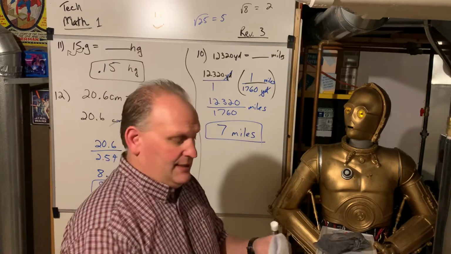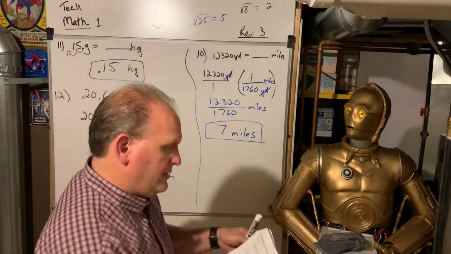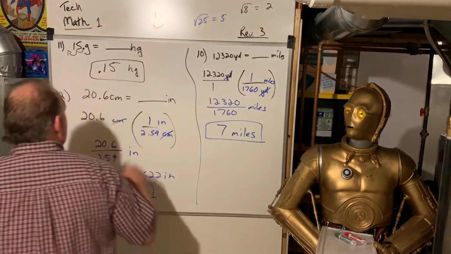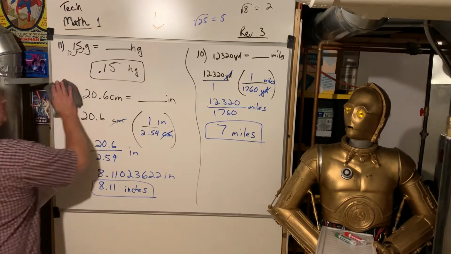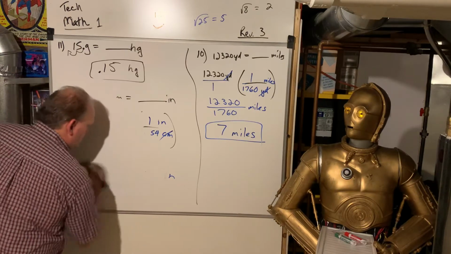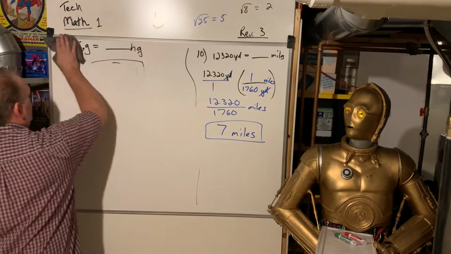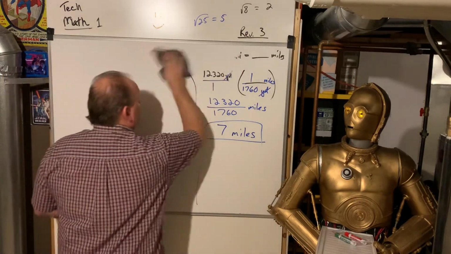Okay, let's continue on. 13 is a little trickier here. I'm going to erase both of these, so last look. 13, we're actually doing 2 conversions, possibly 3 if you don't know how many seconds there are in an hour.